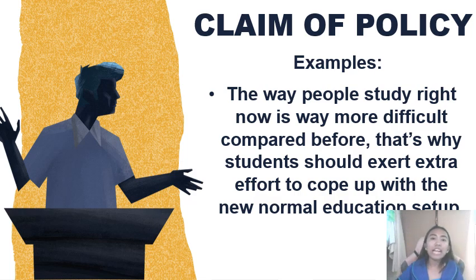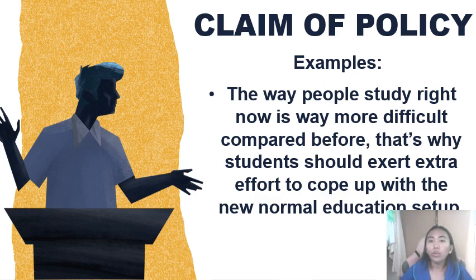Okay, so let's have this example. One example of claim of policy is: the way people study right now is way more difficult compared to before. That's why students should exert extra effort to cope up with the new normal education setup. So this is an example of claim of policy because the author revealed that there is a problem or difficulty in how students are studying from then up to now.